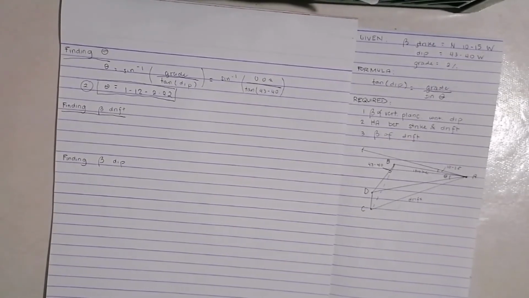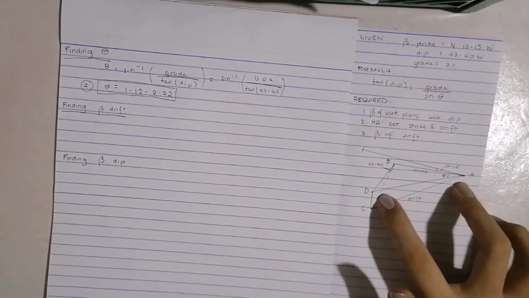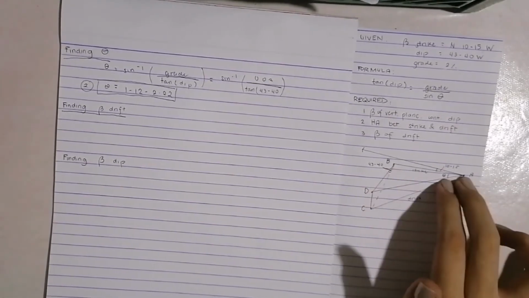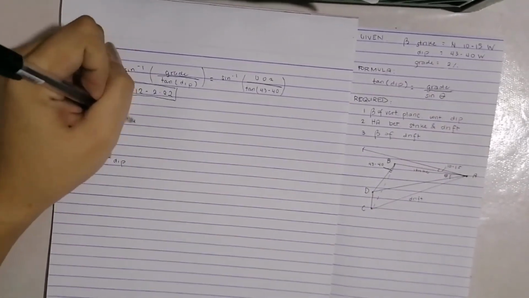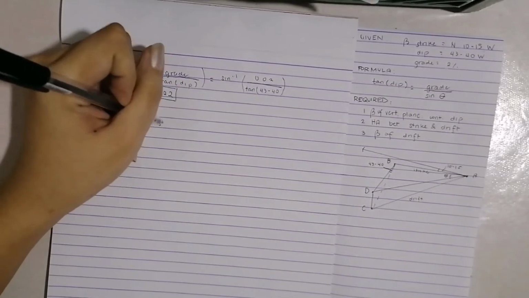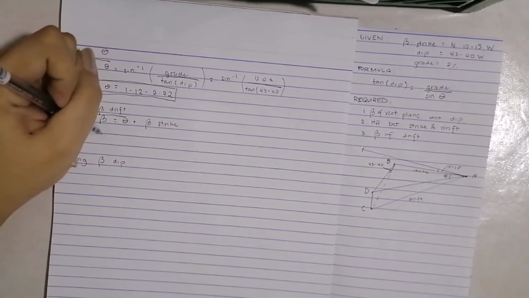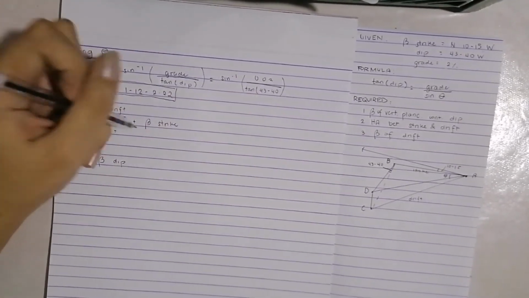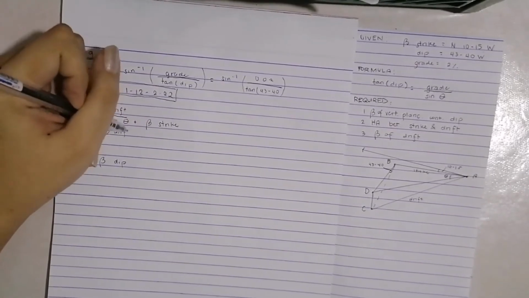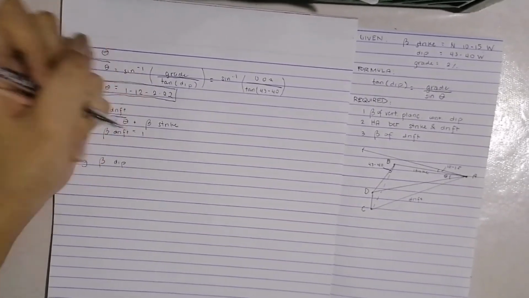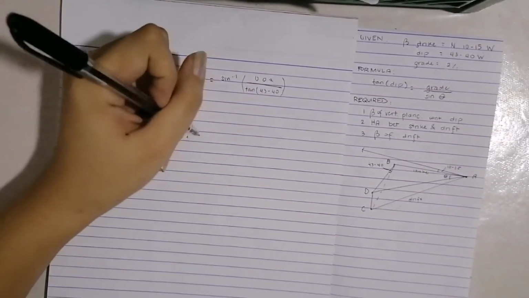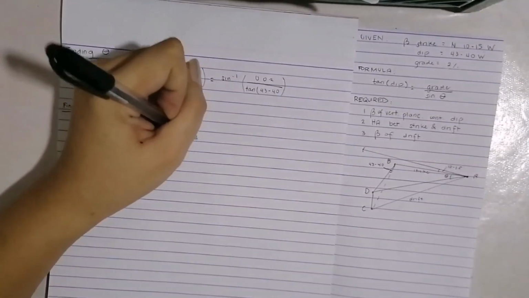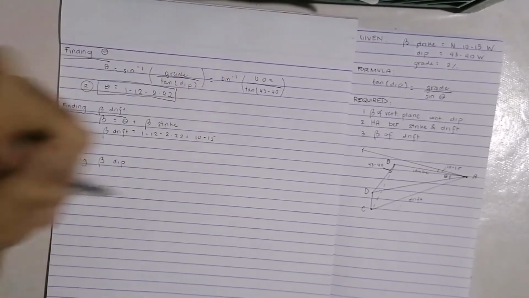Para sa bearing naman ng drift, kung titignan natin yung diagram, the bearing of AD is just the bearing of the strike, AB, plus theta. So, the bearing of the drift is theta plus the bearing of the strike. 1 degree, 12 minutes, 2.22 seconds, plus yung galing sa given na 10 degrees, 15 minutes.